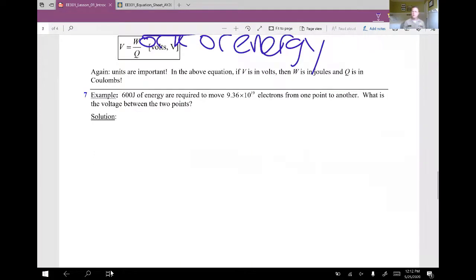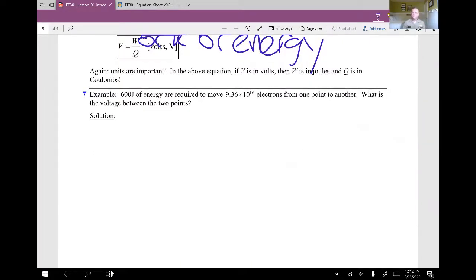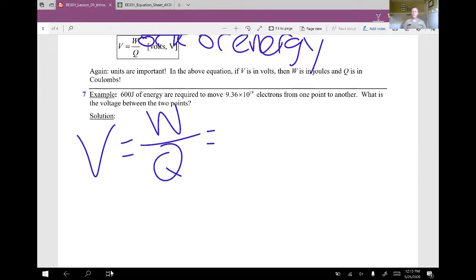We'll work problem number 7 here. It says that 600 joules is required to move 9.36 times 10 to the 19th electrons from one point to another. Now that's a large number. It is in scientific notation. Let's not worry about that. Let's just, for this example, plug in the formula and see how much work is required to move however many coulombs.